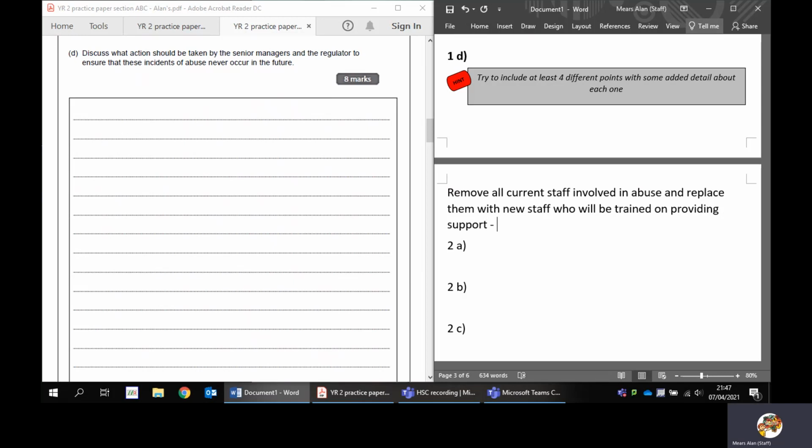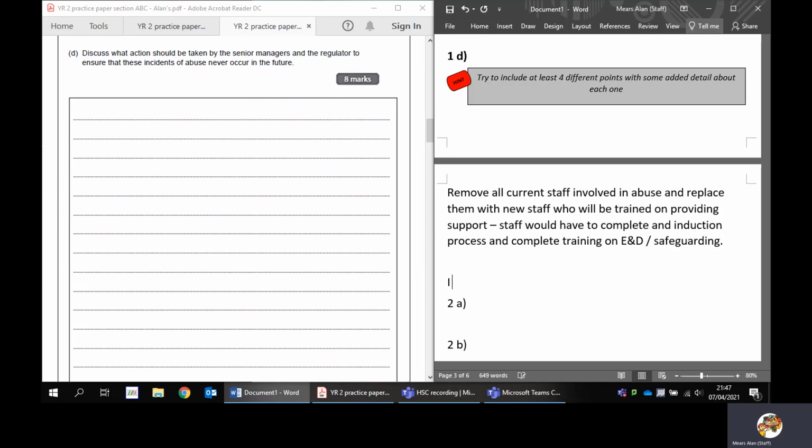We could go a little further and say staff would have to complete an induction process and complete training on, I'm going to put E and D, so equality and diversity / safeguarding. So remove the staff, replace them, and make sure that the replacements are trained.